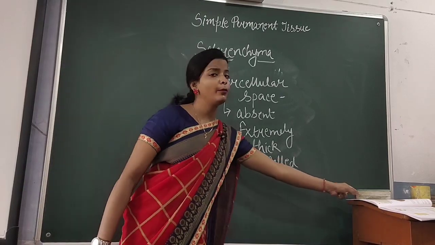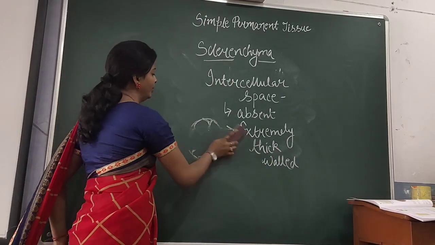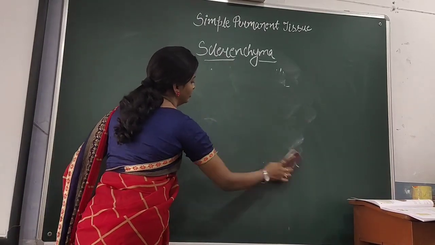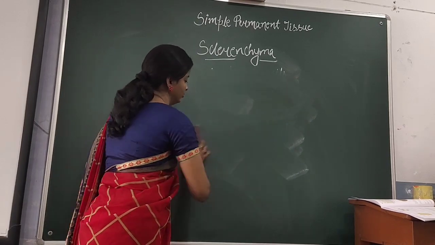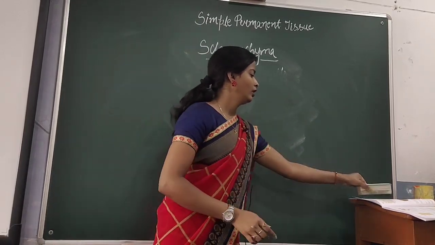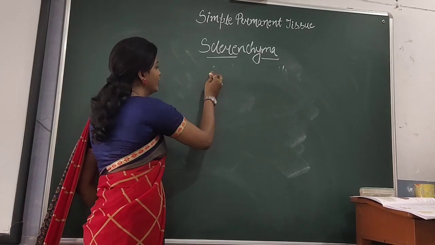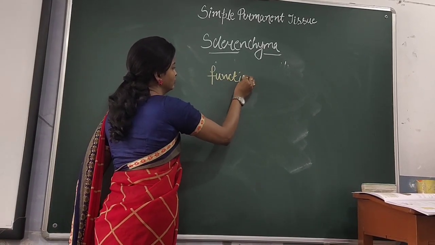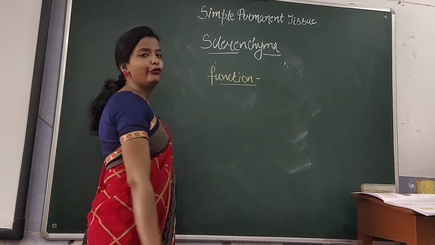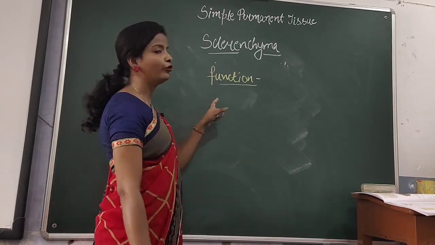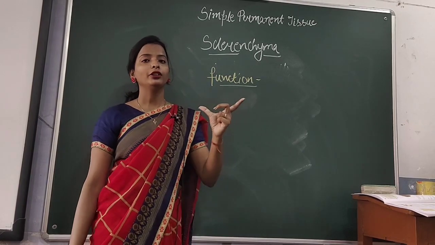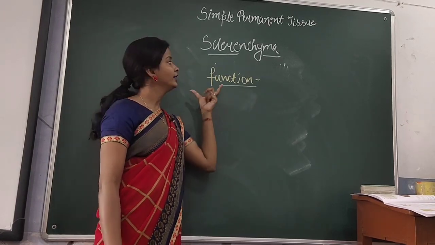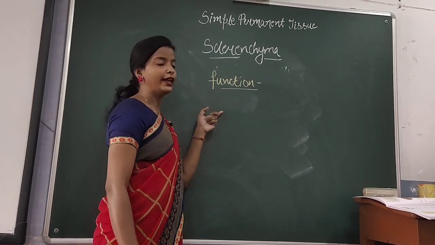Now when we will talk about the function of sclerenchyma, they provide the mechanical strength, or you can say the hardening of the tree. That is because of the presence of sclerenchyma.